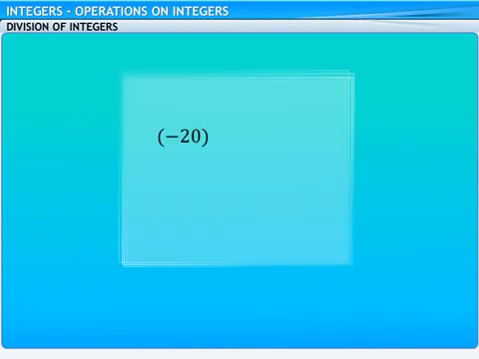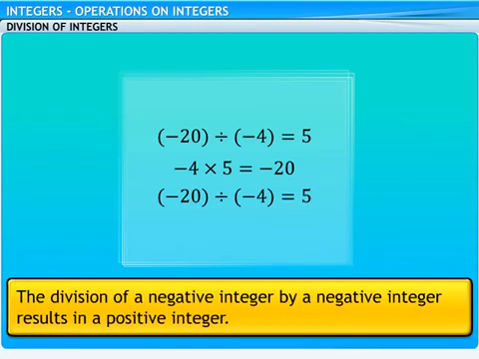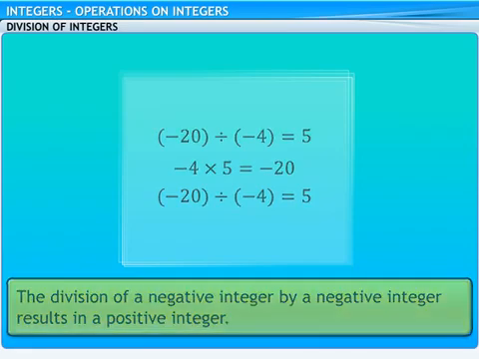Now, observe the example of a negative integer getting divided by another negative integer. Here, minus 4 times 5 gives minus 20, and minus 20 divided by minus 4 gives 5. You can see that the division results in a positive integer. Here the two integers are divided as whole numbers and a plus sign is placed before the quotient.